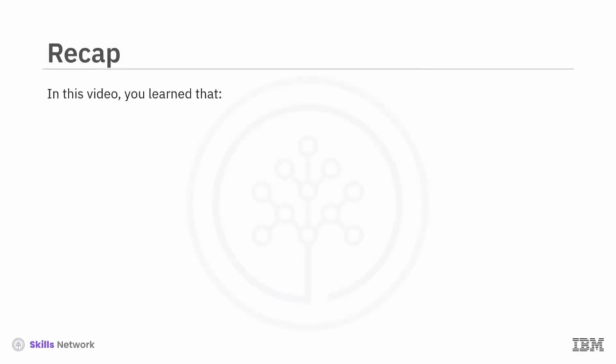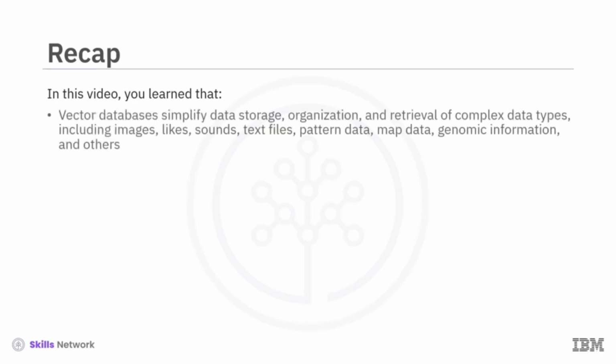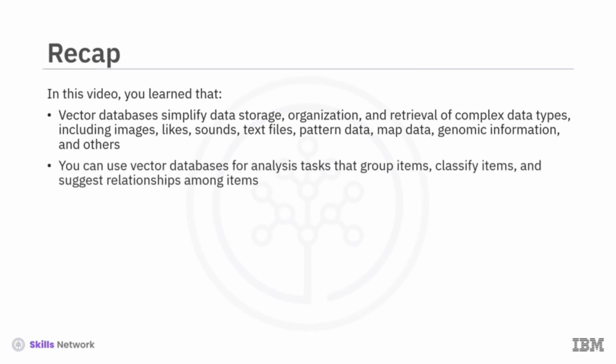In this video, you learn that vector databases simplify data storage, organization, and retrieval of complex data types, including images, sounds, text files, pattern data, map data, genomic information, and others. You can use vector databases for analysis tasks that group items, classify items, and suggest relationships among items.